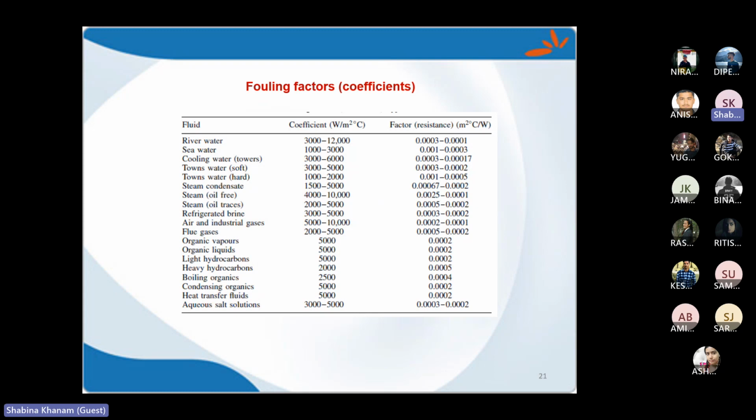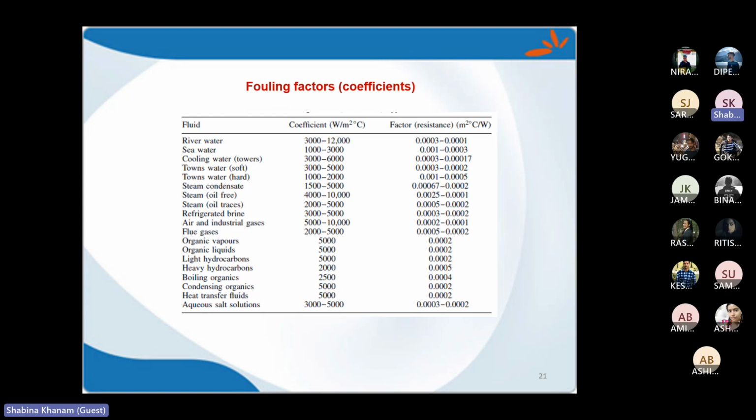And then we have started with basic design parameters, where the basic equation you people are already aware of: Q is equal to UA delta T, the basic equation of heat transfer. Another equation is m Cp dT. These two equations only we will use to design the heat exchanger, or we can say heat transfer equipment.